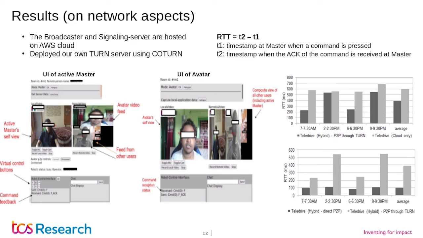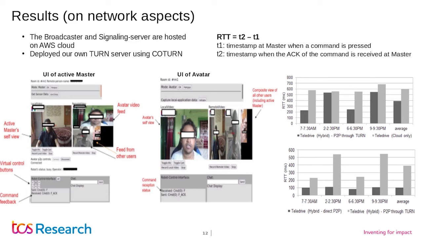When the master receives it, it records that timestamp as T2, and T1 is recorded when the master presses that command. We measured our latency as RTT, calculated as T2 minus T1.